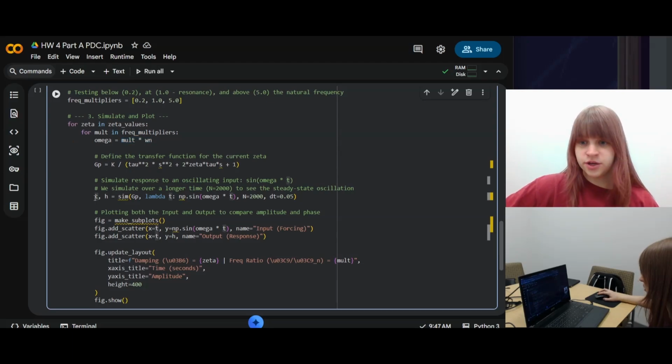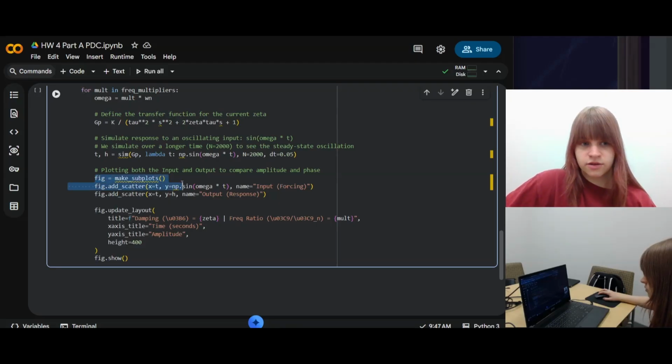And similar to what we did above, we simulated over some time with our sine input, made our subplots as per usual, added our scatter where our x-axis is the time, our y is that sine frequency, and we have an output where we're looking at the height.